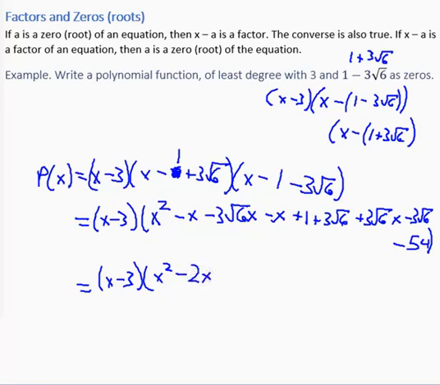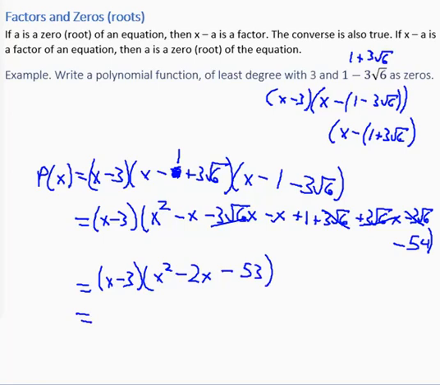We have negative 3 root 6x and a positive 3 root 6x, which is 0. We have 3 root 6 and a negative 3 root 6. Those become 0, and 1 and negative 54 is negative 53. Well, that worked out nice. Doesn't have any irrational numbers in it.